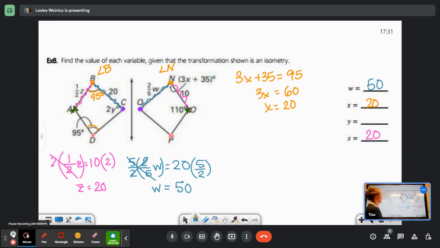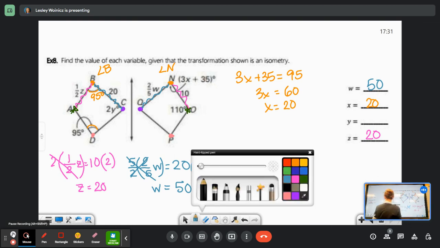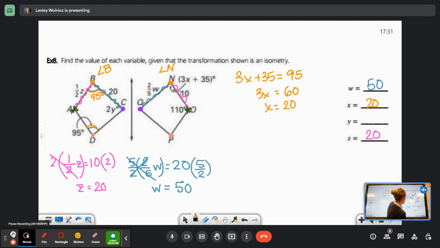Okay, I guess there's no time better than the present to tell you that the sum of the interior angles of a quadrilateral is 360 degrees. I don't know how else you have to know that to solve this problem. So I'm telling you now. So all of these interior angles have to add up to 360.